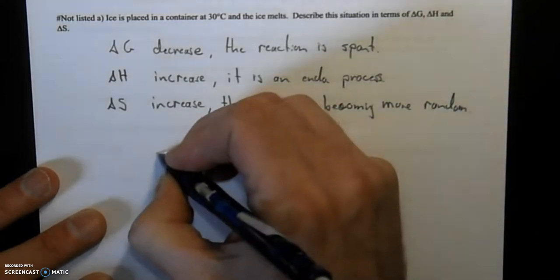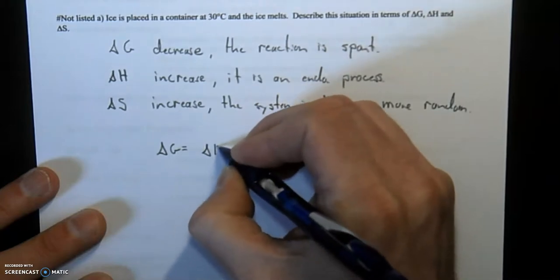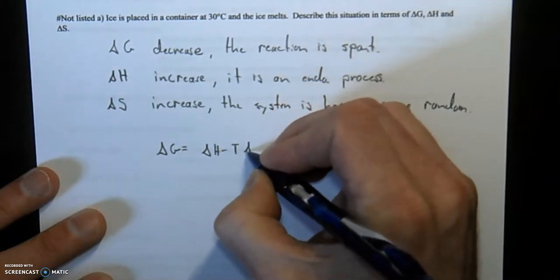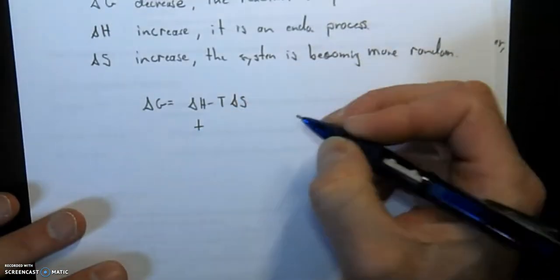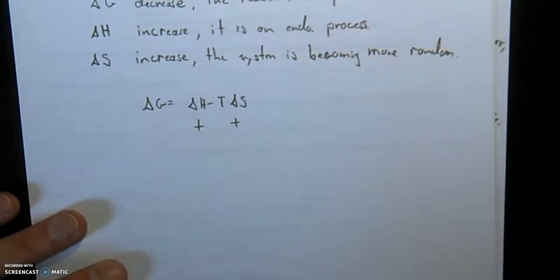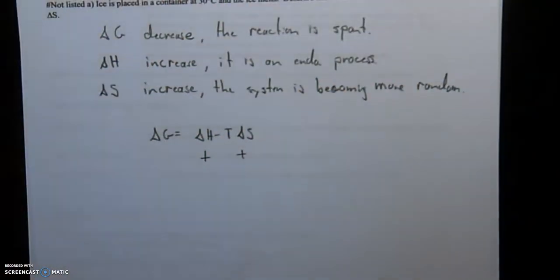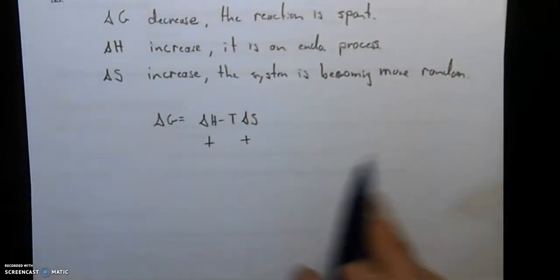And then again, they tie this whole thing together. Delta G is equal to delta H minus T delta S. Looking at how delta H is positive and delta S is positive as well. Putting these together, how is this going to work out here?